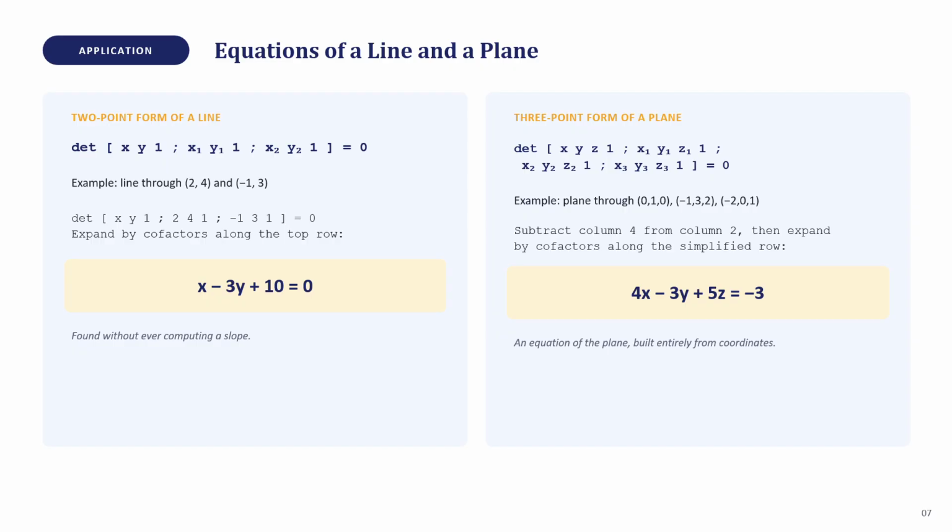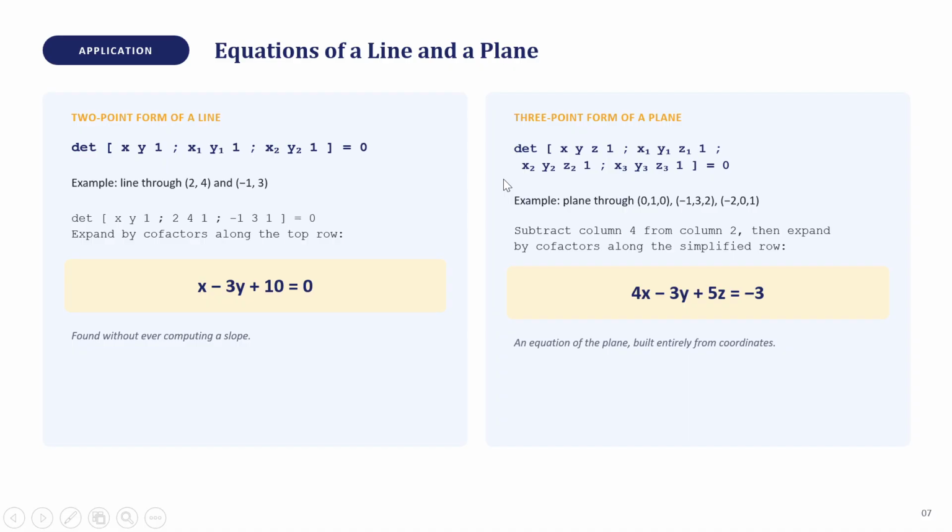So that point, if you try to imagine, we have the point 2 and 4, which can be found in quadrant 1, and then negative 1 and 3, with negative x and positive y, which can be found in quadrant 2. If you try to draw a line, our equation can be changed to x minus 3y plus 10 equals 0. This is the equation of the line.